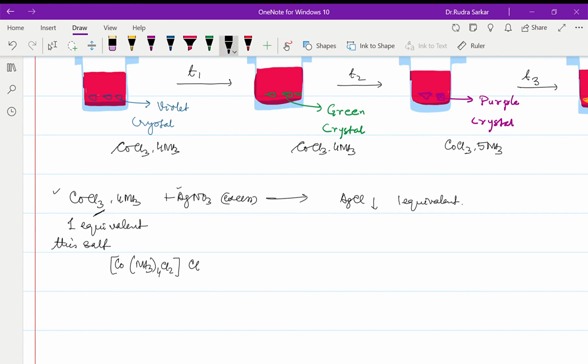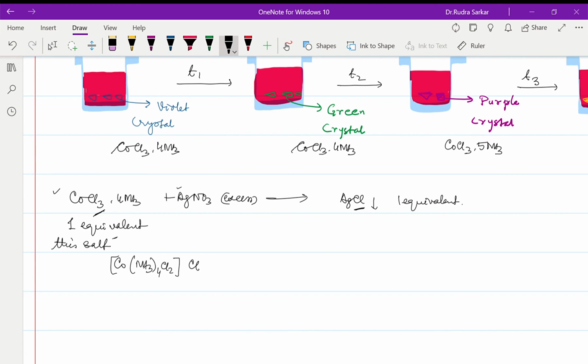That means, what I'm trying to say is that the cobalt is directly linked via coordinate bond to 2 chlorines, and one of them is lying outside the secondary valency. So against 1 equivalent of this salt, we are getting the test of only 1 chloride.